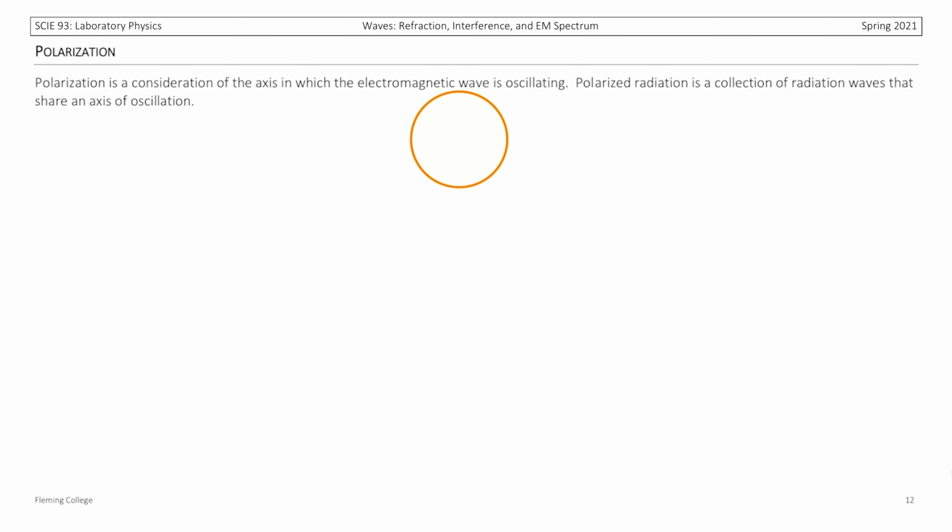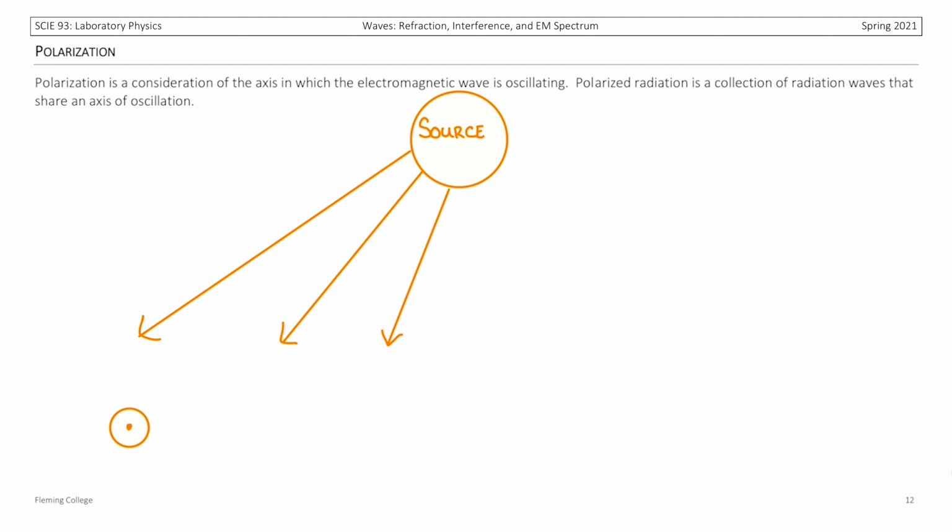Let's look at a diagram. Consider a source, and from that source we have electromagnetic waves that come with all different axes of oscillation. So we could have some waves that are vertically oscillating, some waves that are horizontally oscillating, and others that are oscillating on diagonals.